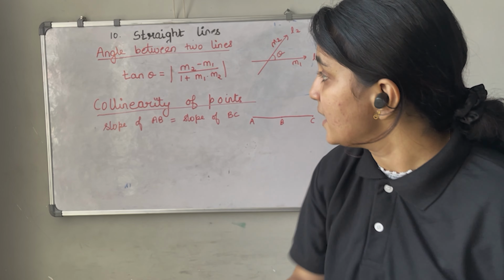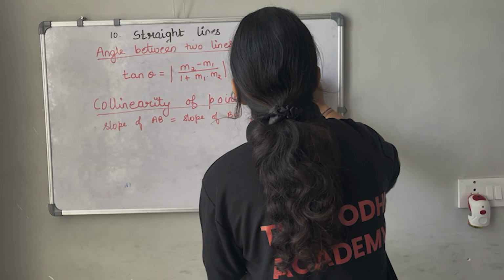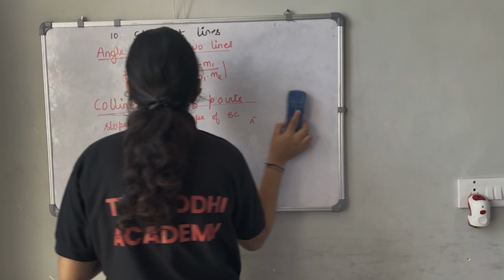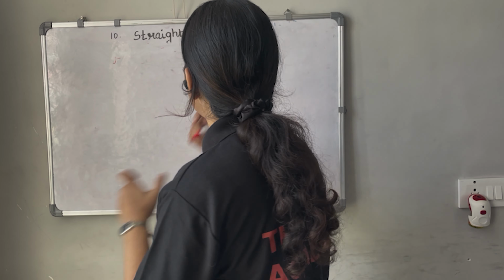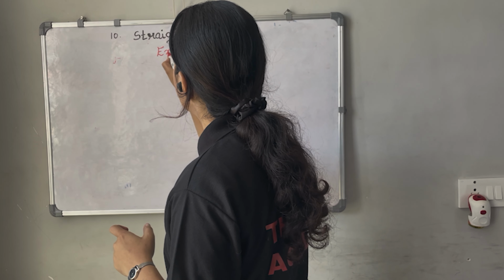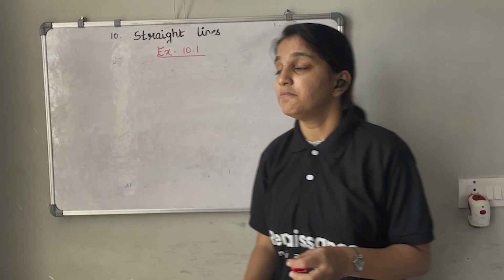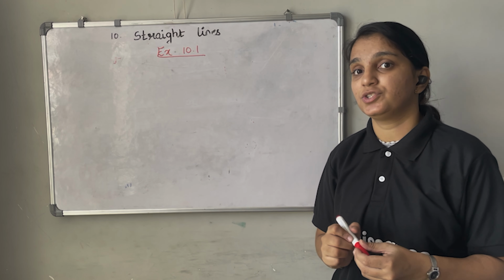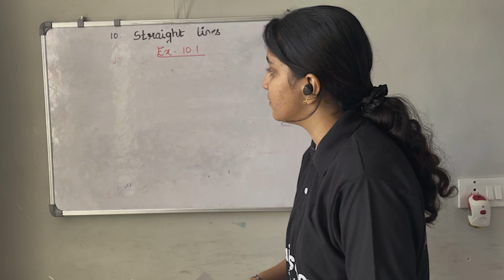Then next we'll move on to the exercise. The first exercise is exercise 10.1. From this exercise, we'll study only the main questions which can come for the exams. The third question is very important here.